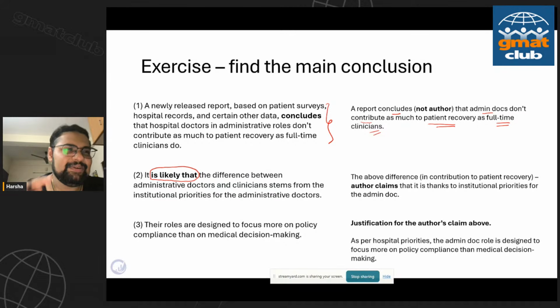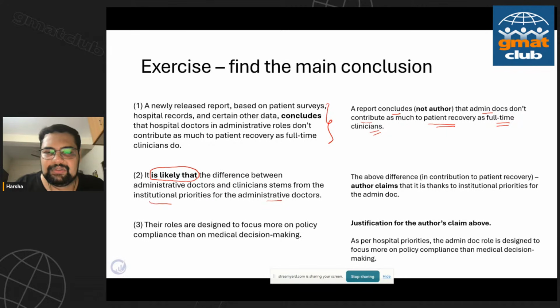It's the author, we don't know for sure if the difference is because of this, but even the author is acknowledging that it is likely that the difference between admin docs, D-O-C-S, doctors, and clinicians stems from, or arises from, institutional priorities for the admin docs. And you can think about what that means, right? Institutional priorities. Okay, the hospital demands that I need to do so and so duties. I have some priorities, being part of this hospital institute.